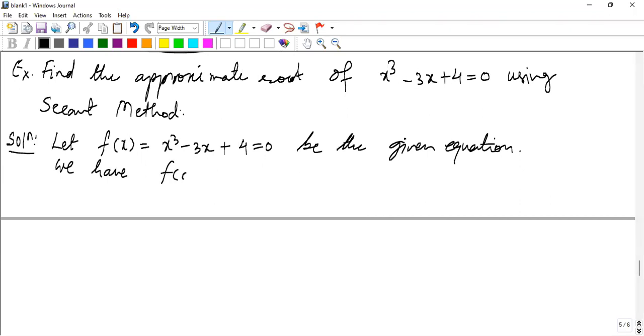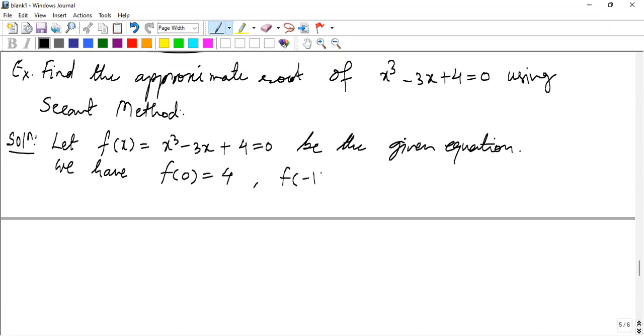We find what is f of 0 for the given equation. So what is the value of f of 0 here? 4, sir. It is going to be 4, right? Yes. So we have f of 0 is equal to 4.